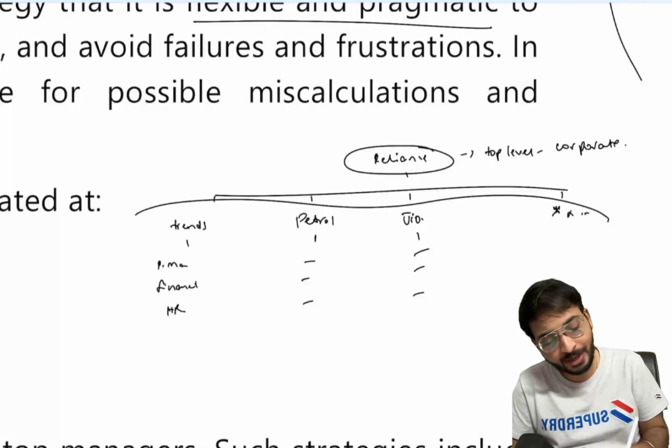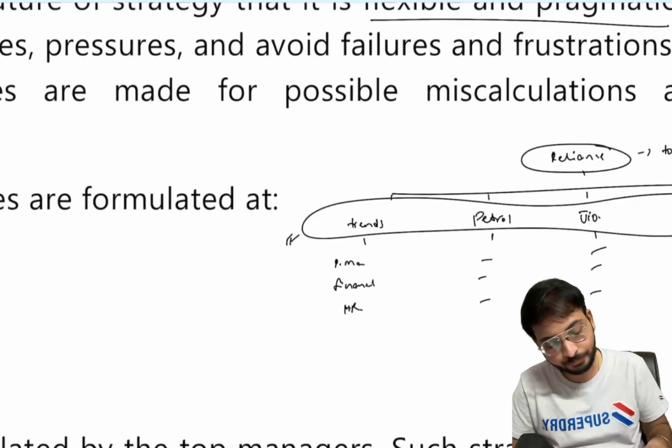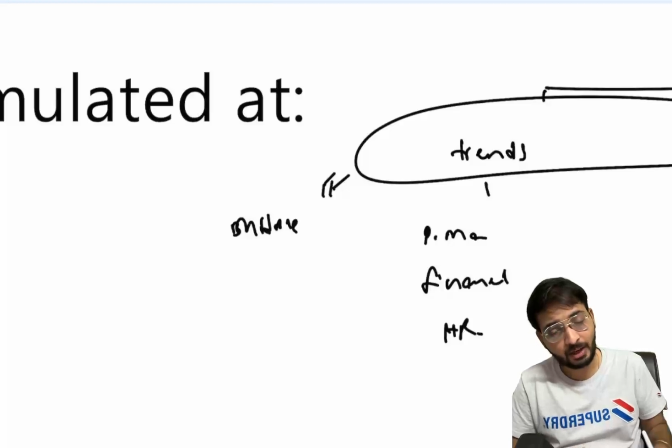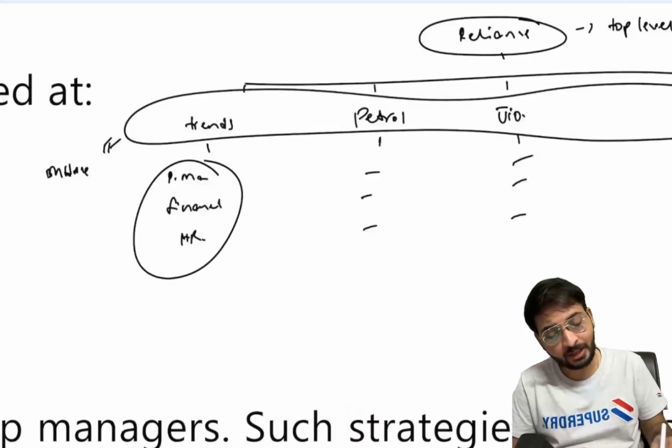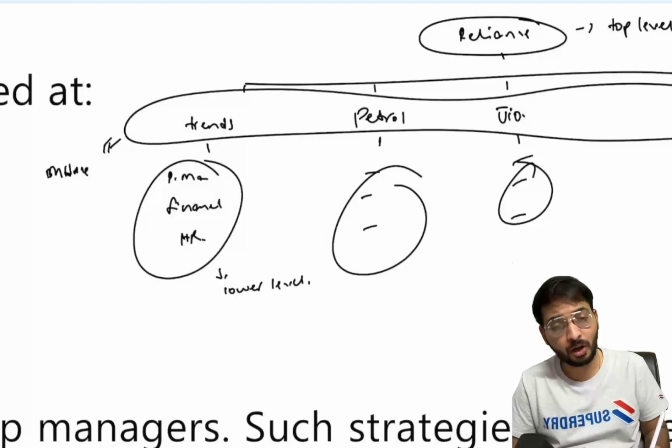These managers here are called middle level. These guys here, they are called what? Lower level. Lower level is also called the functional level.